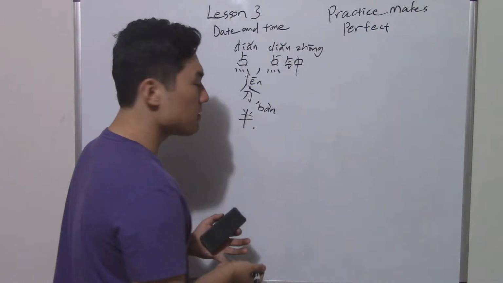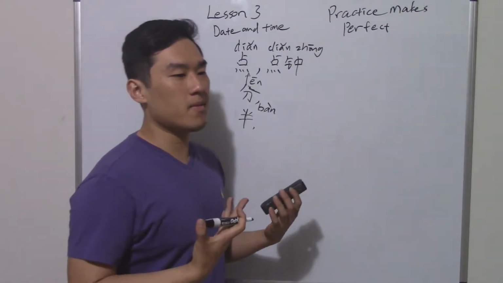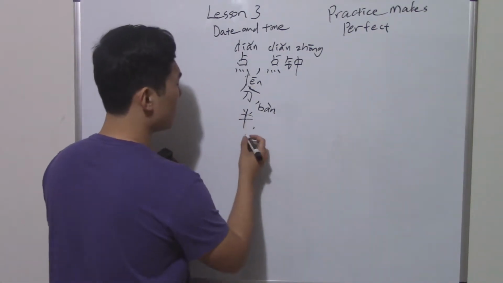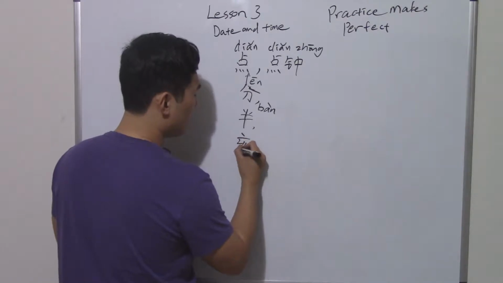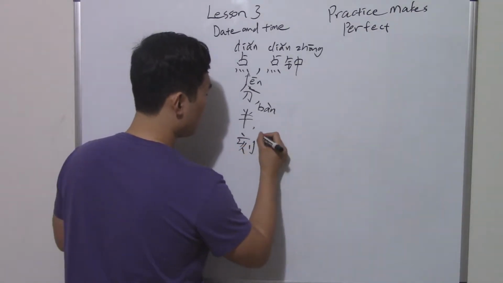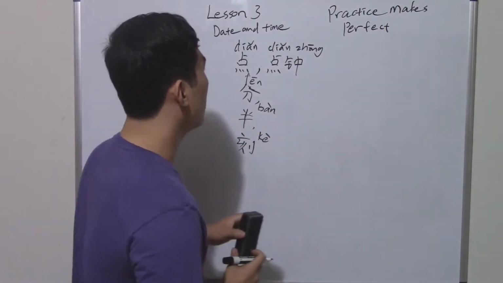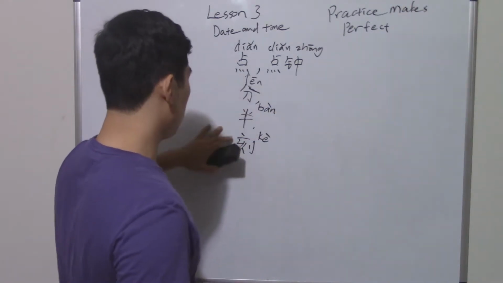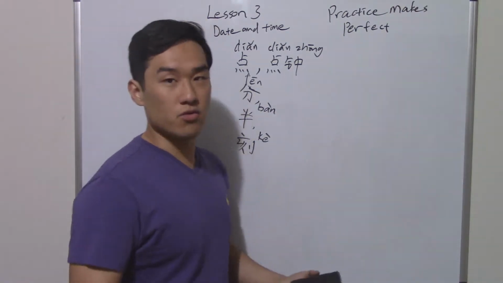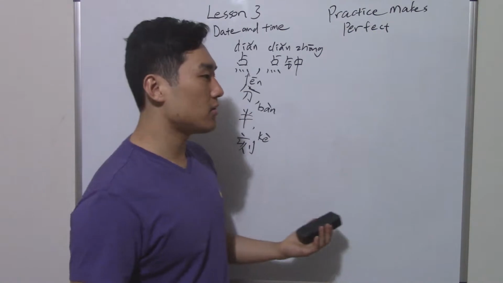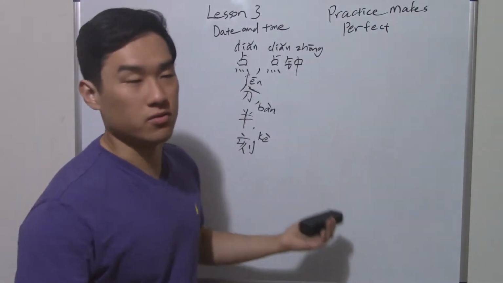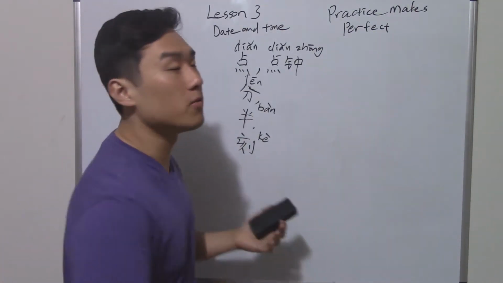And then sometimes people, I don't think a lot of people use it, but it also makes sense to use a quarter, which is 刻 here. So these few words are the vocab that we use to tell time, and the rest will just be numbers, which you should pretty much already know by this point.